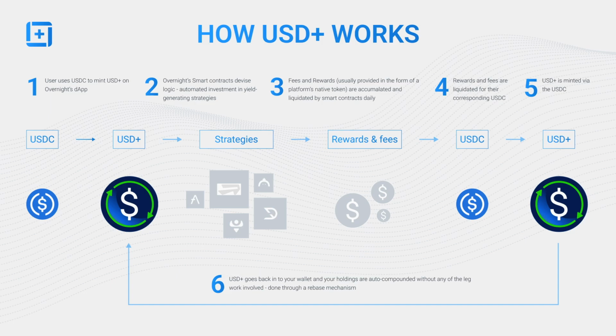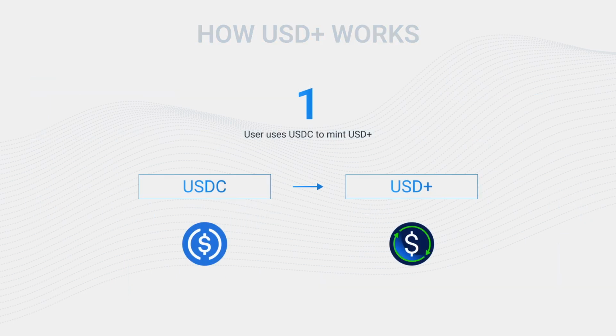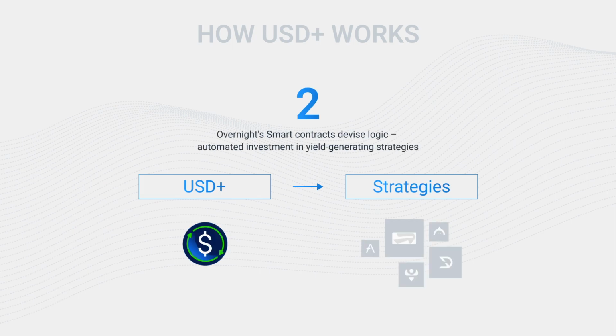So if we take a quick look back at how USD Plus works, as we know, you take your USDC and you mint USD Plus on Overnight Finance's decentralized app. Then they're going to take that USDC and invest it into different strategies depending on their smart contracts.